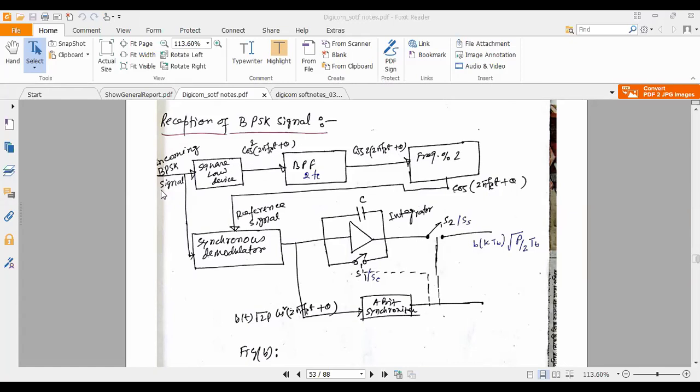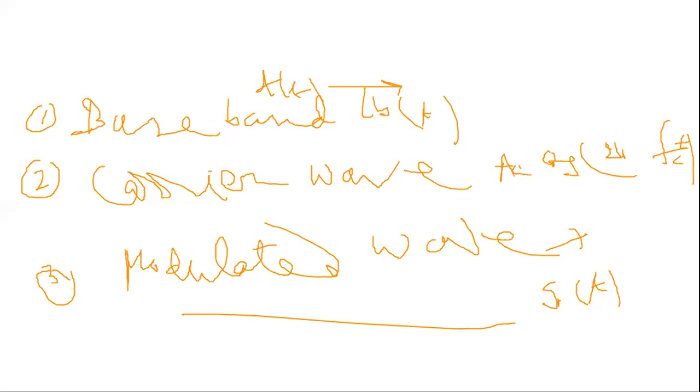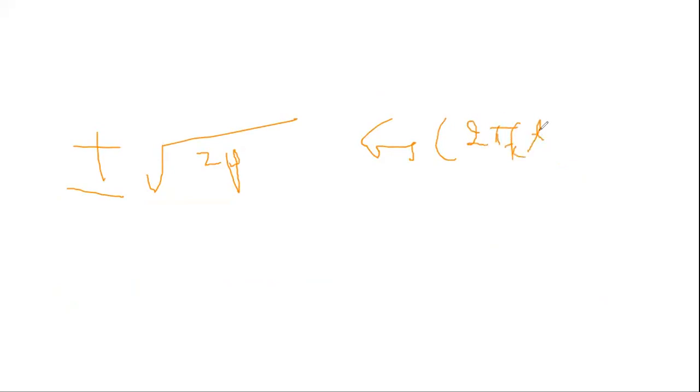The transmitted signal was plus minus root 2P cos 2 pi fct, that was actually your carrier, a modulated wave.